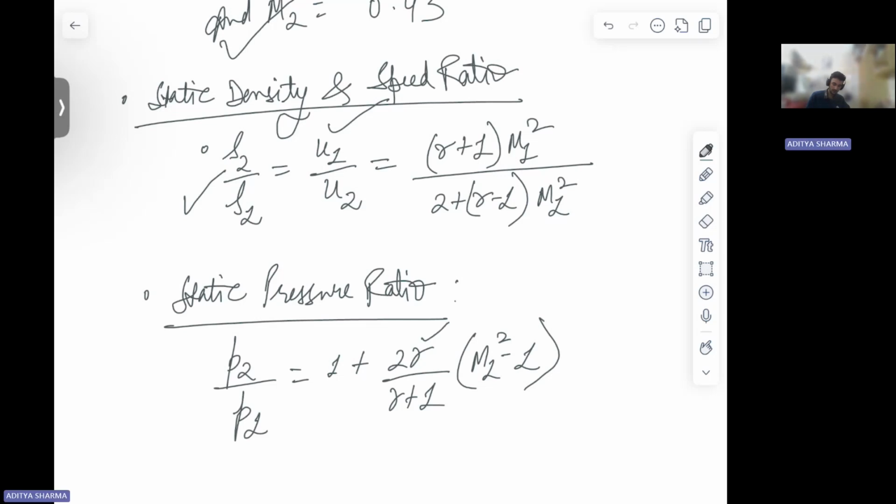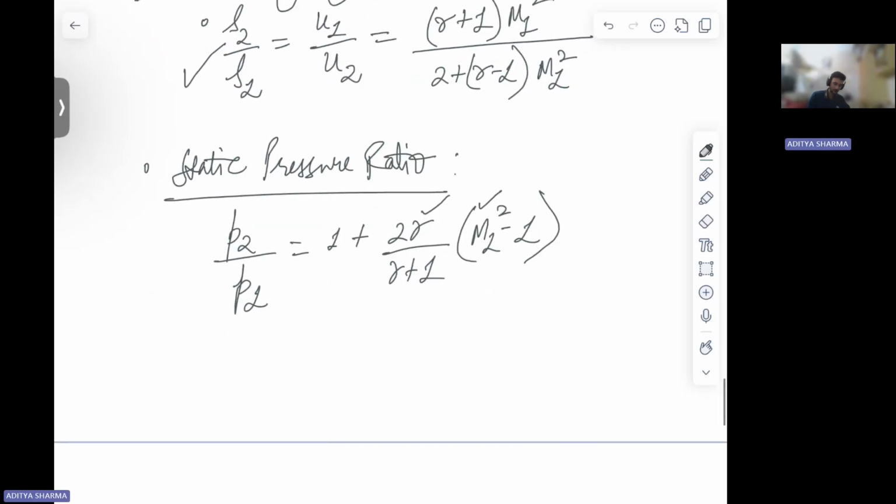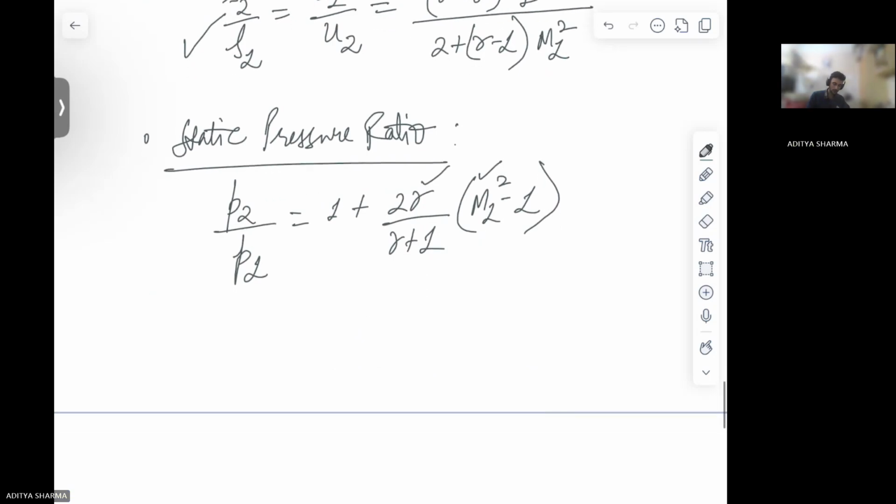We need gamma and M1 for P2 by P1, the static pressure change across a shock wave.